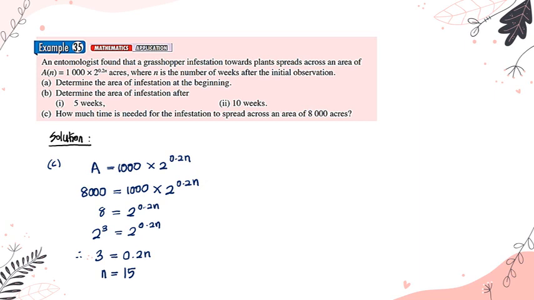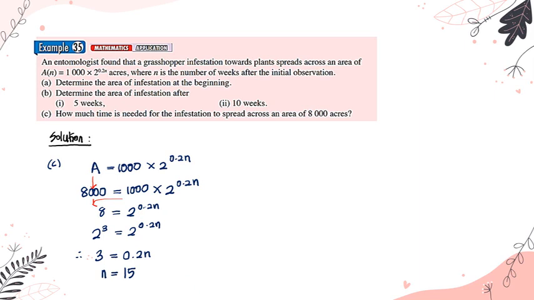Then we substitute the value of A, which is 8,000 acres, is equal to 1000 times 2 to the power of 0.2n. And when we bring the 1000 here, we can divide 8000 divided by 1000 to give 8. So 8 is equal to 2 to the power of 0.2n.